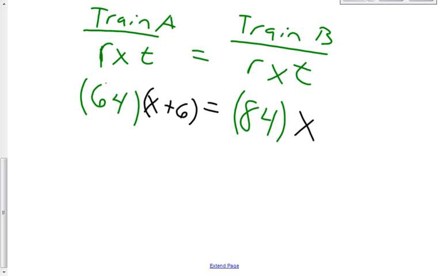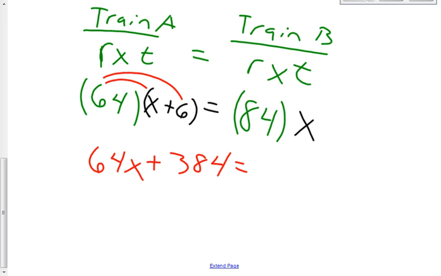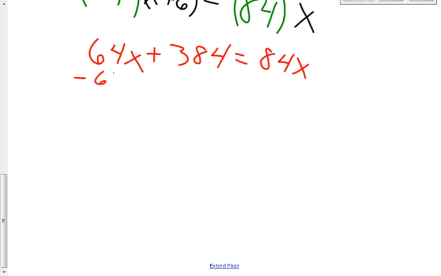We're first going to use the distributive property. 64 times X is 64X, and 64 times 6 is 384. That equals 84 times X, which is 84X. Let's get all our X's to the right.